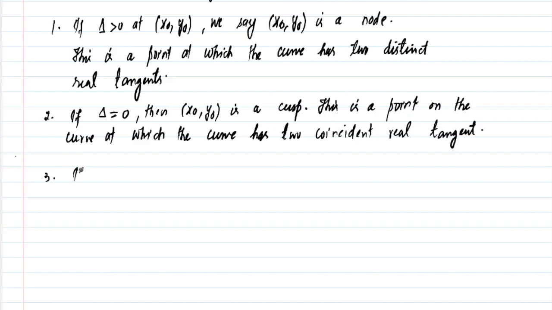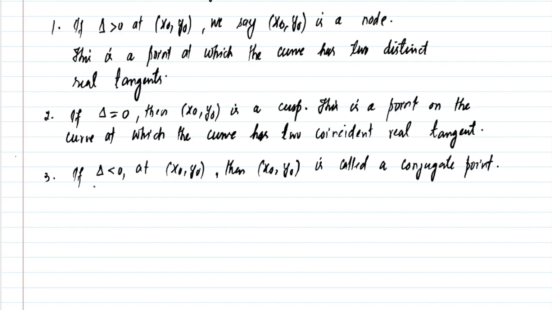And similarly, we have a third classification. If this delta is less than 0 at some singular point x naught y naught, then this singular point is called a conjugate point.